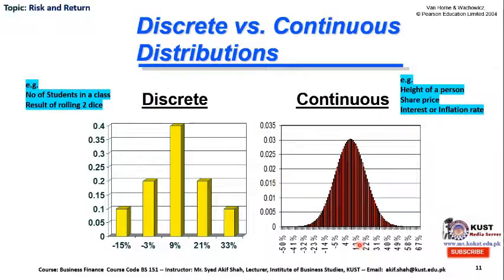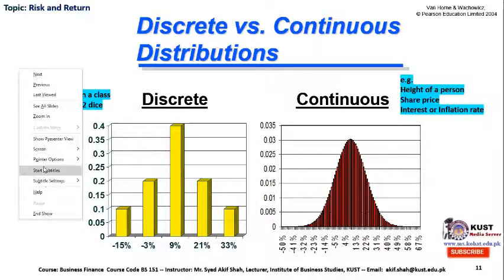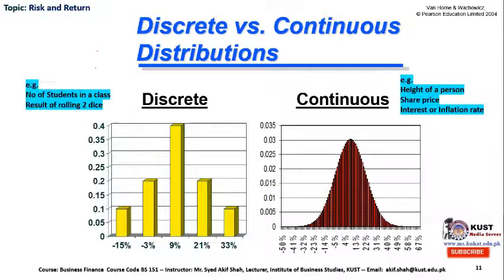What is the difference between discrete and continuous? The data may be discrete or continuous. An example of discrete data is the number of students in a particular class. The number of students may be 10, or it could be 50, but the number of students in a particular class cannot be between 10 and 11, and similarly cannot be between 50 and 51.